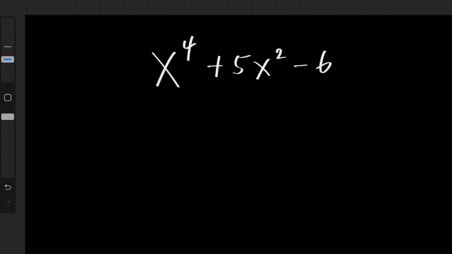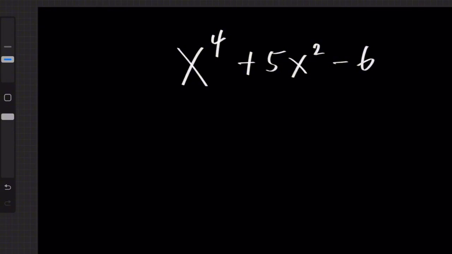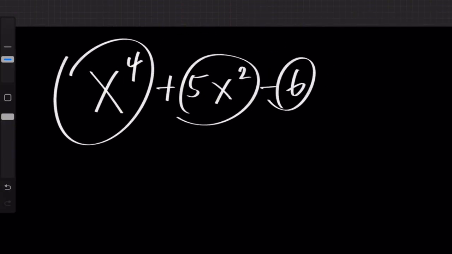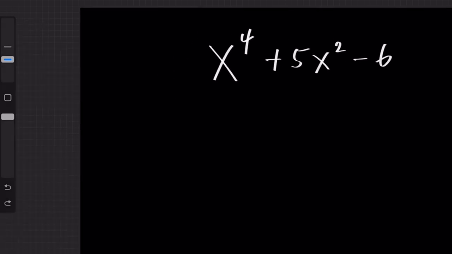Let's try it on this polynomial and just apply the power rule. So just plug it in. By the way, we can find the derivative of each individual term. We can find the derivative of all these and just add or subtract them. And it's really just that simple.